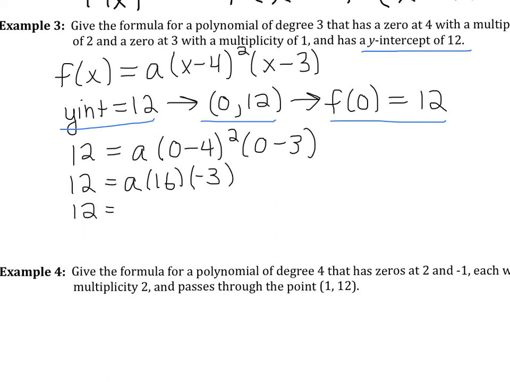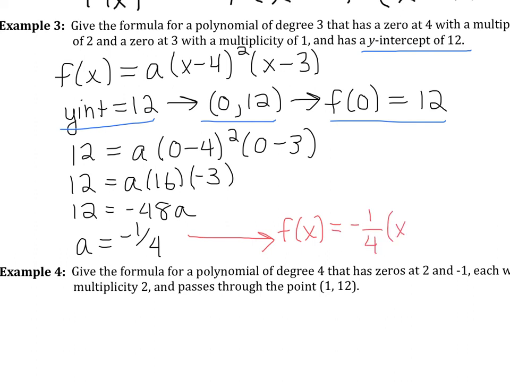So we arrive here. And then when we divide both sides by negative 48, we get that a is negative 1/4. Great. And so that lets us build our final polynomial function, the right one, as f of x equals negative 1/4 times x minus 4 squared times x minus 3.